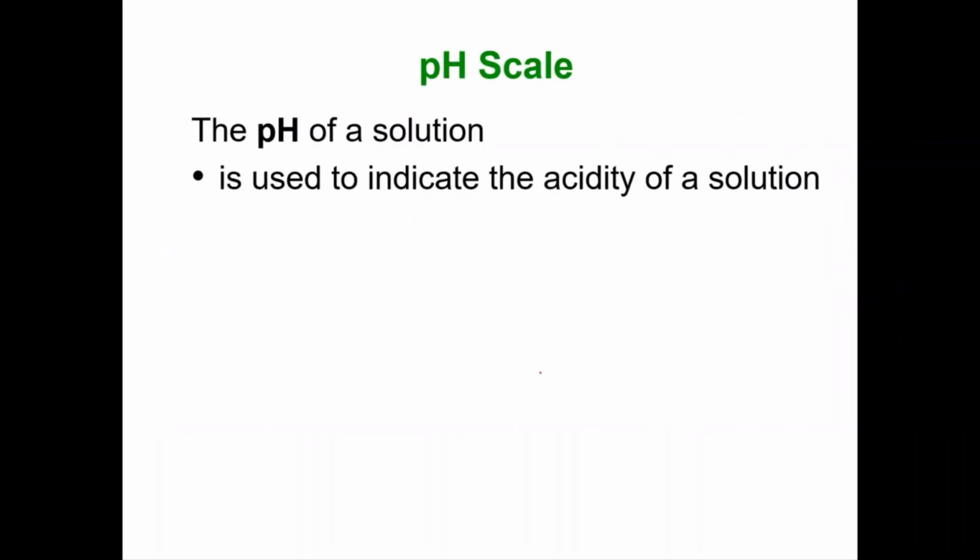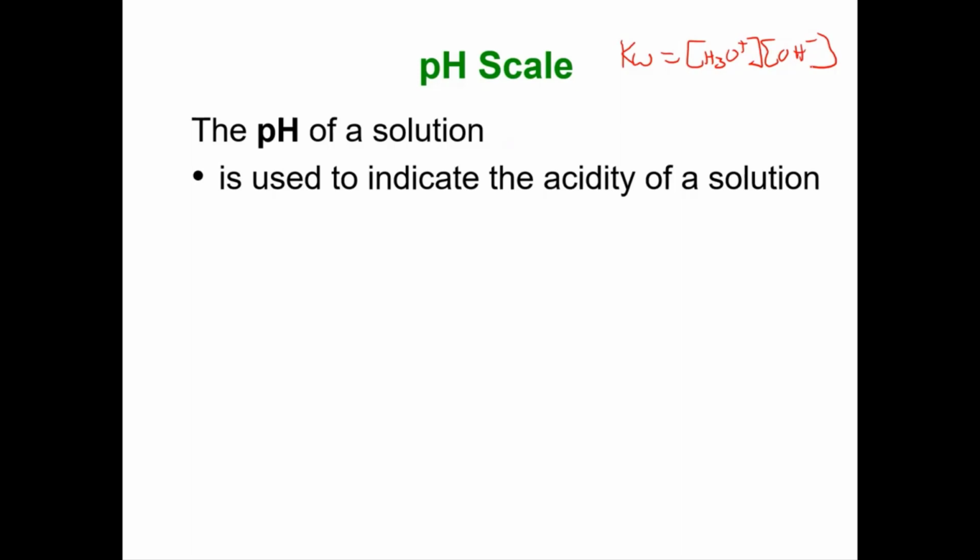So it's pretty easy to figure out if something is acidic or basic. All we need is Kw and this relationship right here. So you can determine, based on whether the hydronium concentration or the hydroxide concentration is bigger, whether it's acidic or basic.